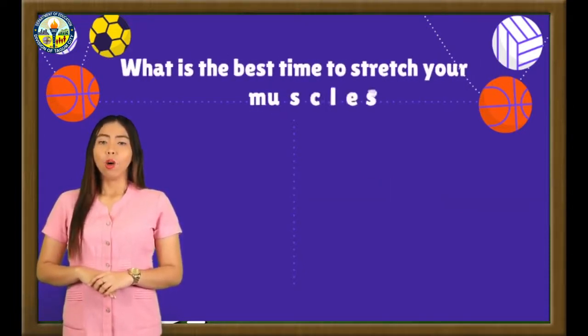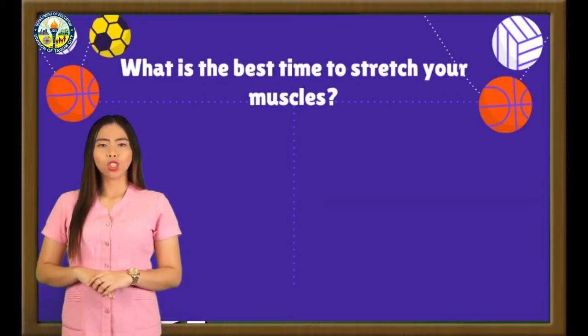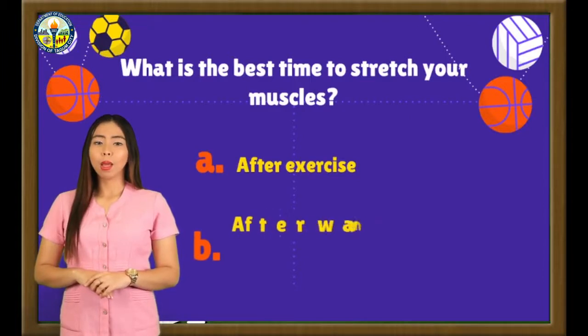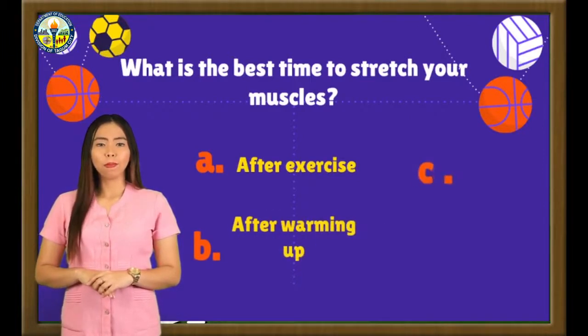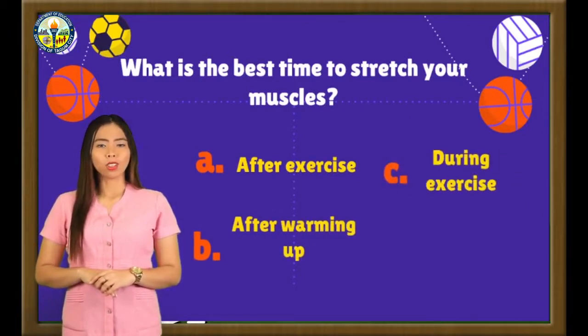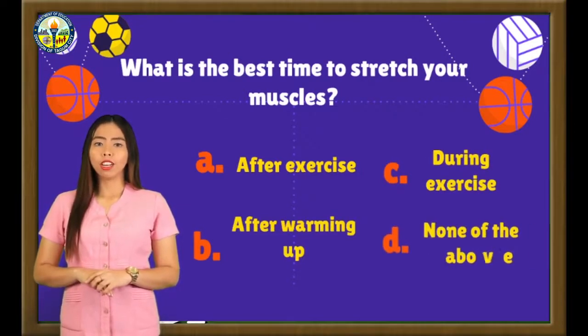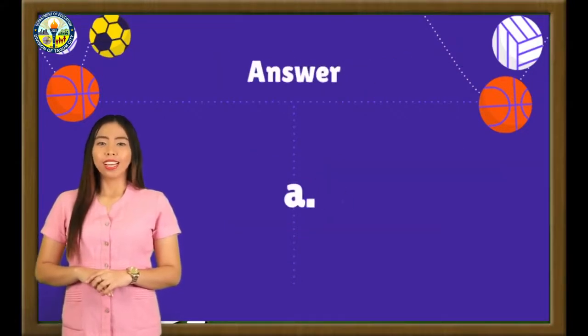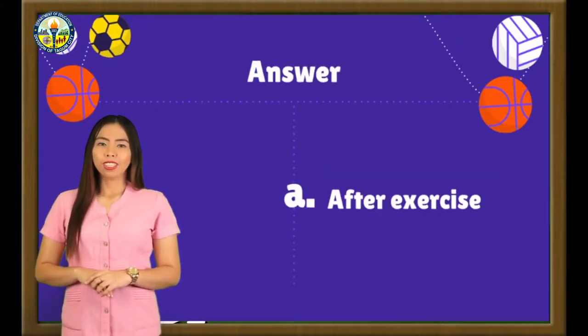Number 3. What is the best time to stretch your muscles? A. After exercise. B. After warming up. C. During exercise. Or D. None of the above. The correct answer is letter A. After exercise.